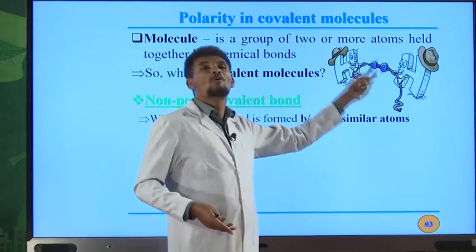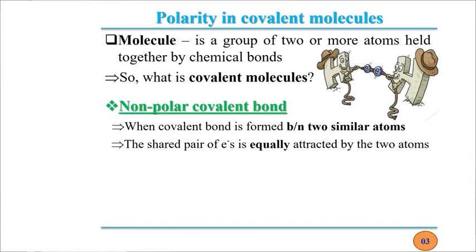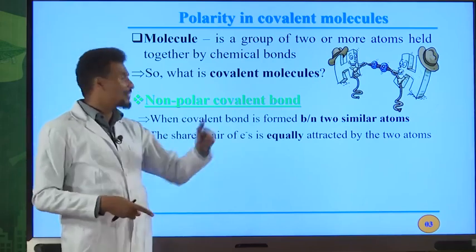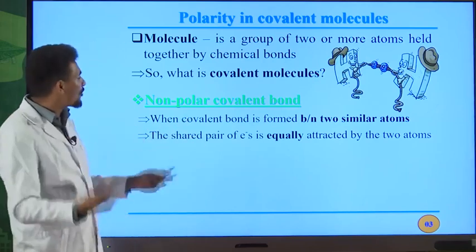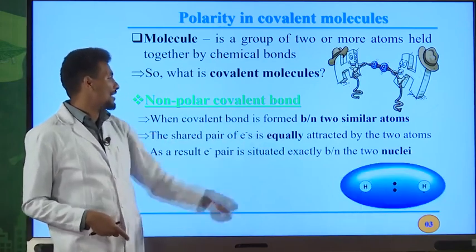Therefore, a nonpolar bond is formed. We can identify this by looking at the atoms that participate in the bond formation. Two hydrogen atoms share the electrons equally, therefore the bond formed is a nonpolar covalent bond, equal sharing.